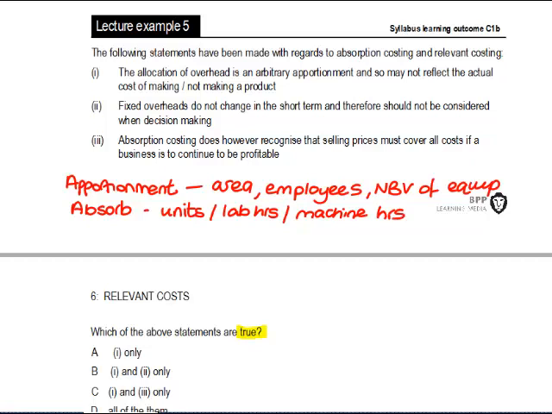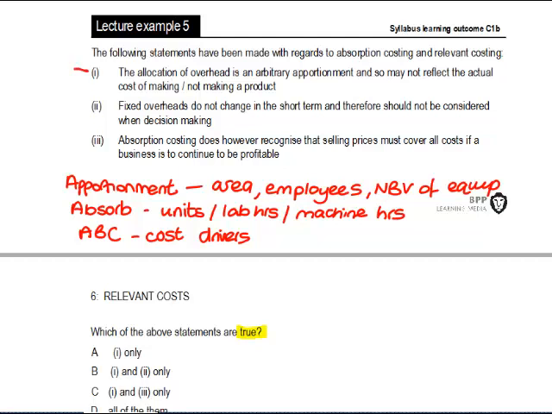Now, not all overhead is going to be caused by labour hours and machine hours, so sometimes we might become more sophisticated and move to an activity-based costing system which looks at cost drivers in a lot more detail. Now, that's going to give us a more accurate reflection of cost, but even with activity-based costing, we're still going to have some arbitrary apportionment because not everything is going to fit nicely into cost pools.